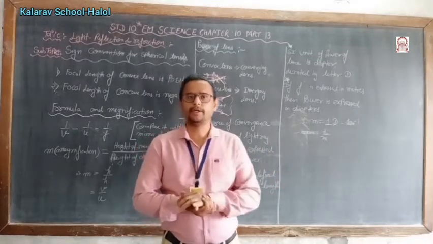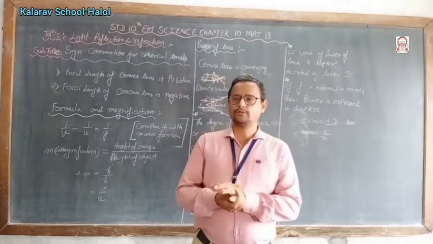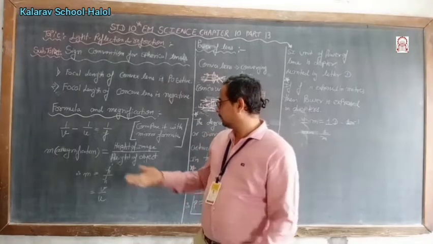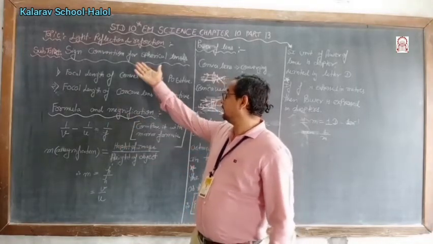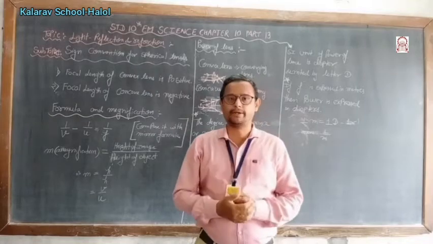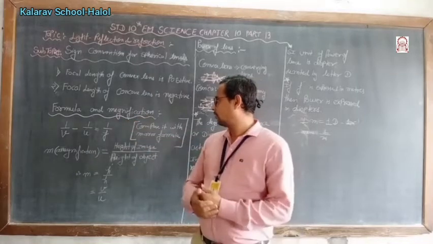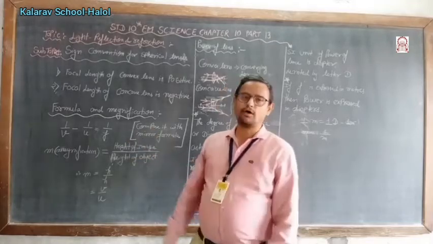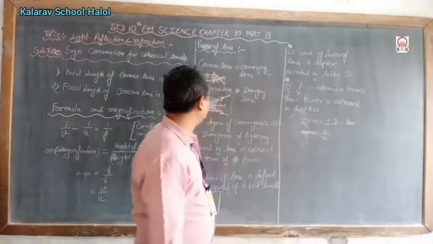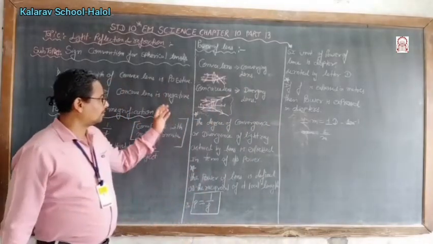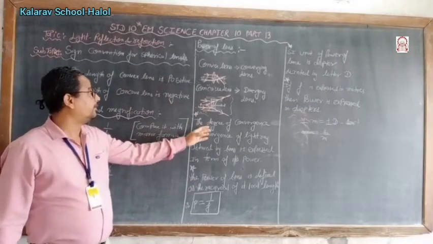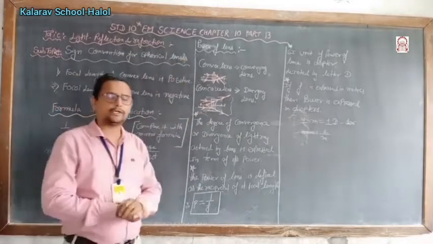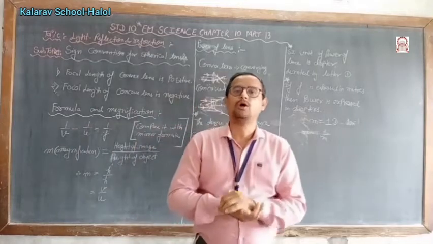Here I am going to explain first the sign convention of the spherical lens, and the formula of magnification, meaning the lens formula, and then the power of the lens. These three topics we are going to understand here.